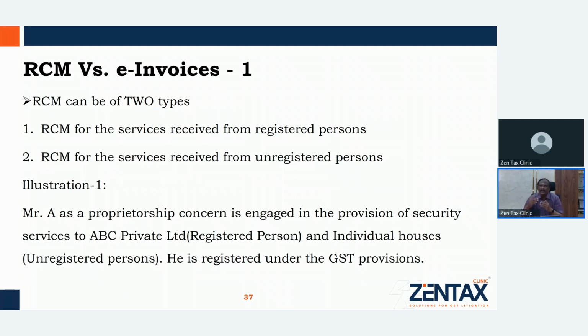Sometimes you will be receiving services from a registered person, and they will give an invoice, but the liability will be on you. For example, a GTA sometimes may be a registered person, but he gives an invoice to you. In that he will mention that you have to pay under the reverse charge. For this purpose only, in the invoice there is a specific cell for reverse charge mechanism, yes or no.